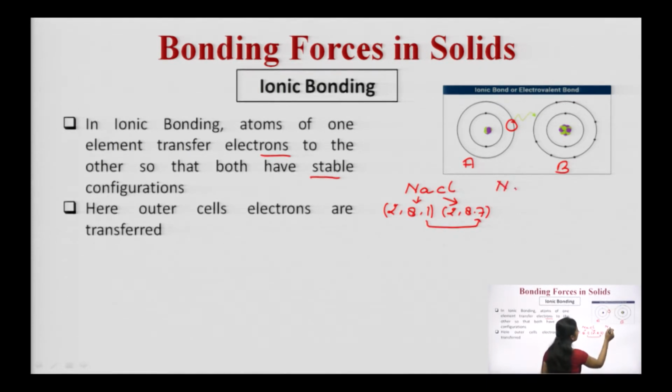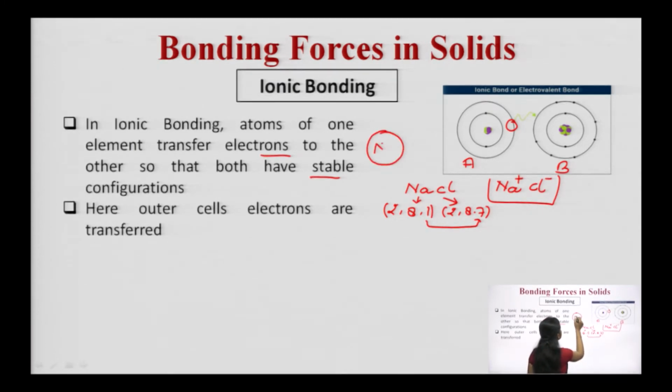So, now it will become Na+ Cl-, because sodium is donating, so it is represented as Na+, and chlorine is receiving one electron, so it is represented as Cl-. In this particular way it is formed. You can draw it diagrammatically as Na+ and Cl-. The size of the orbit of Cl will be relatively larger than Na, because Na has 2 orbits while chlorine has 3 orbits in total.